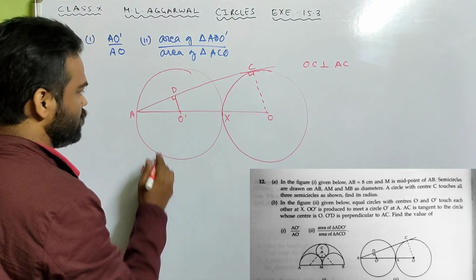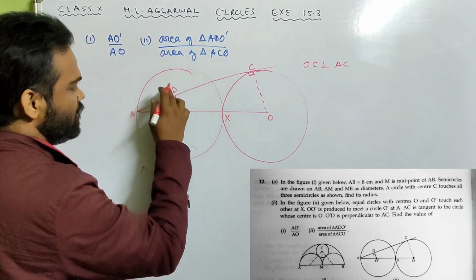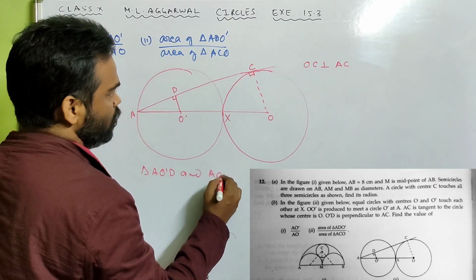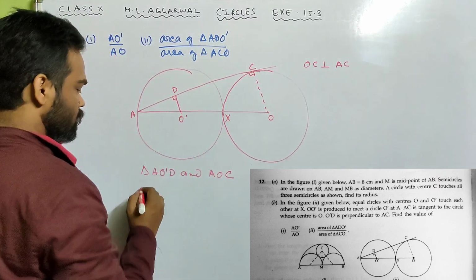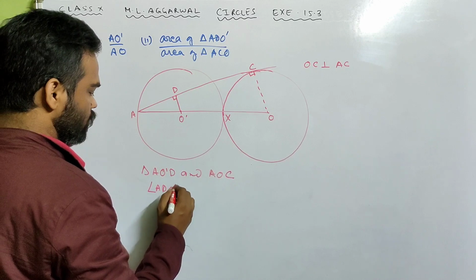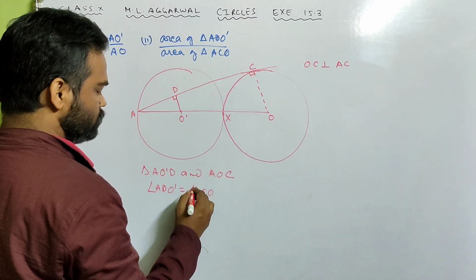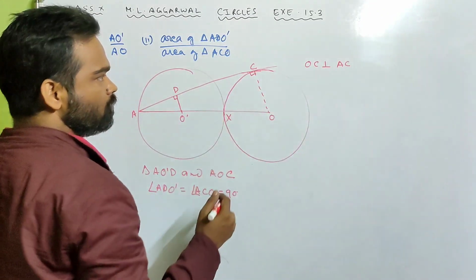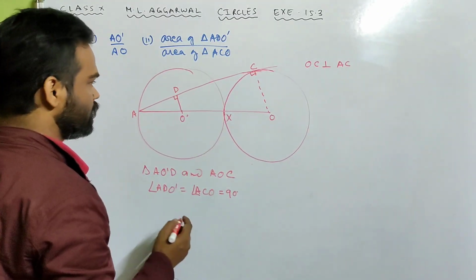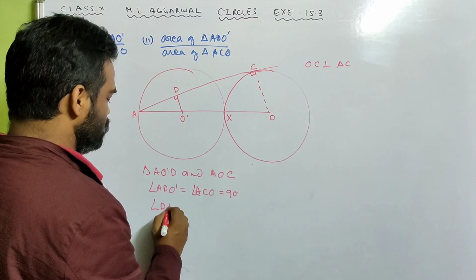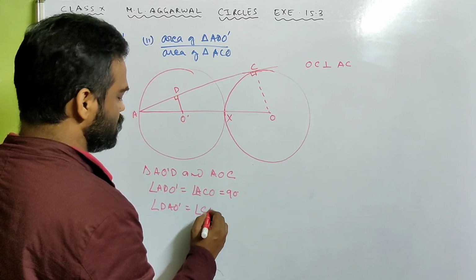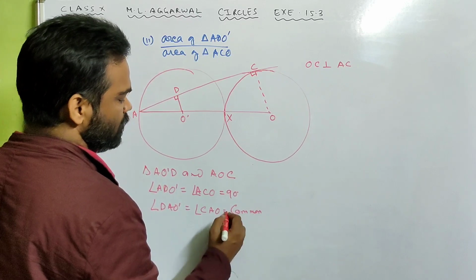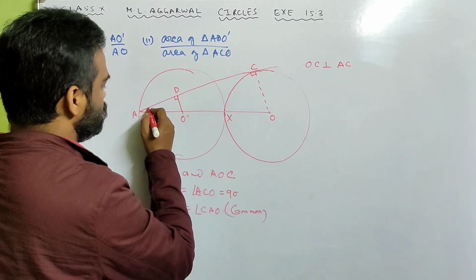Now, look at triangle AO dash D and AOC. Angle ADO dash is equal to angle ACO, given 90 degree. This was given and this we know OC is perpendicular to AC by the theorem. And angle DAO dash is equal to CAO, common. That's the common angle. Yes or no?